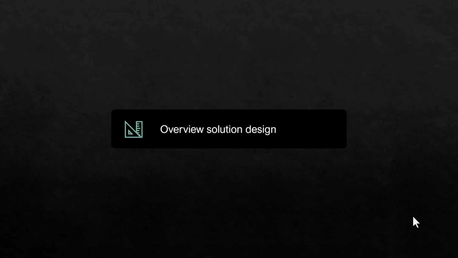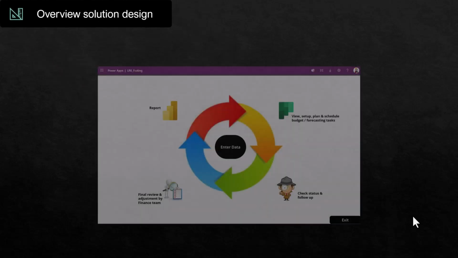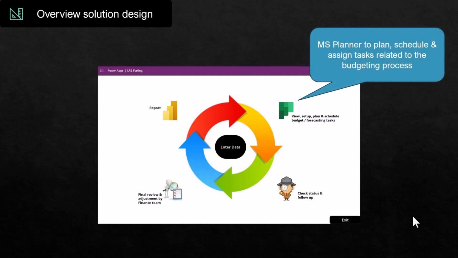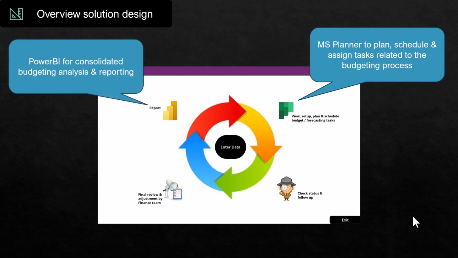So what I did based on this background is I created basically a Power App. That's how it looks like. And on top, I start with Microsoft Planner. Why Microsoft Planner? Well, because it allows you to plan, schedule, assign tasks to people that are responsible for doing something. Then, of course, I have Power BI because that's probably the best BI and reporting tool that we have available.